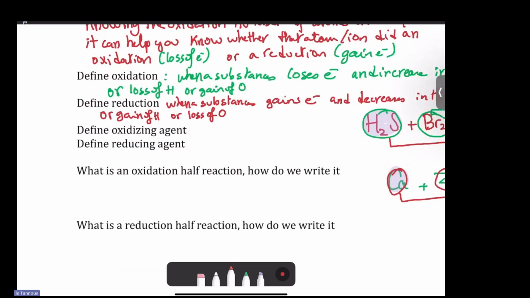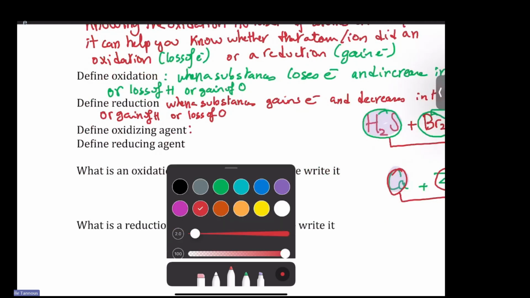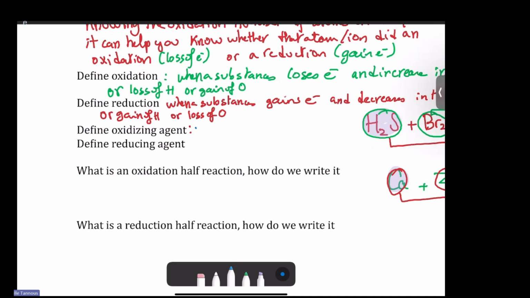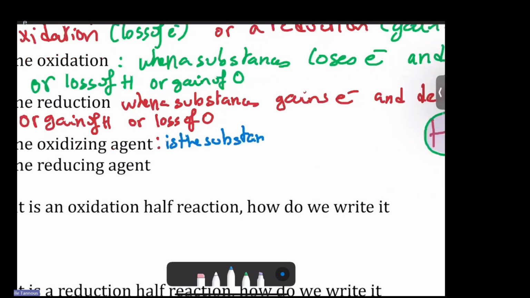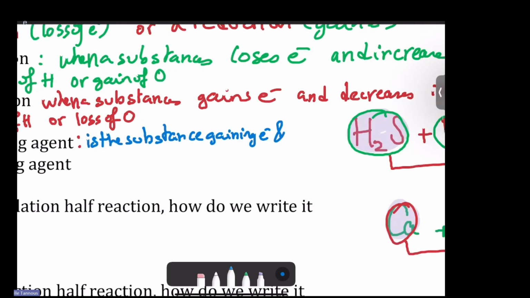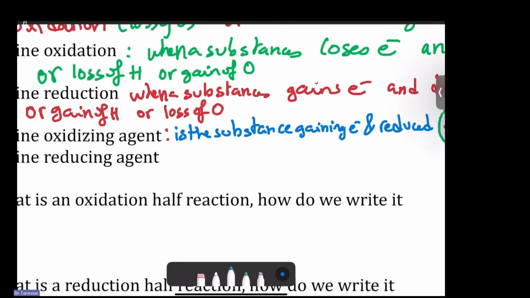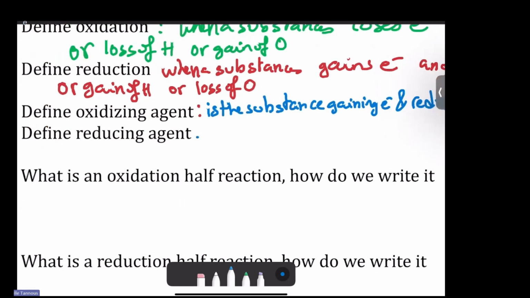Oxidizing agent is the substance that gets reduced. It's the substance gaining electrons and getting reduced. What is the reducing agent?